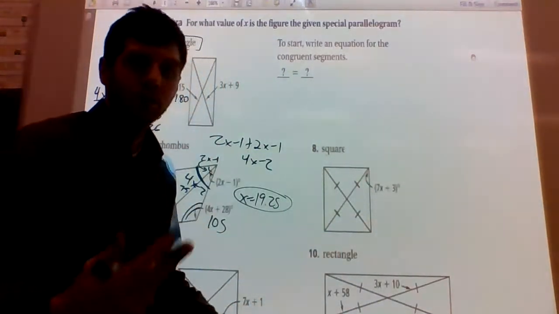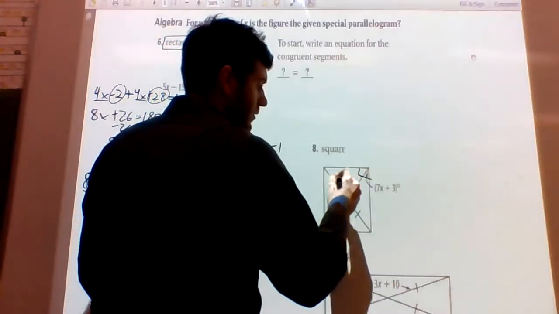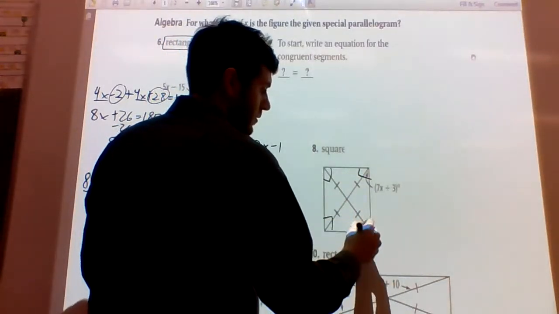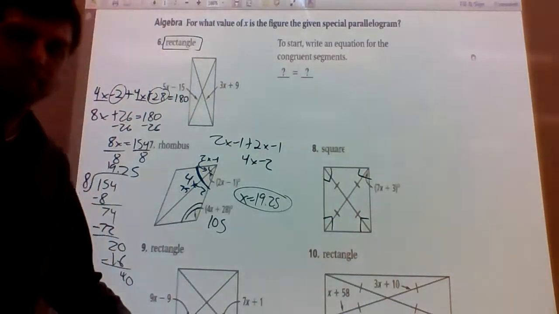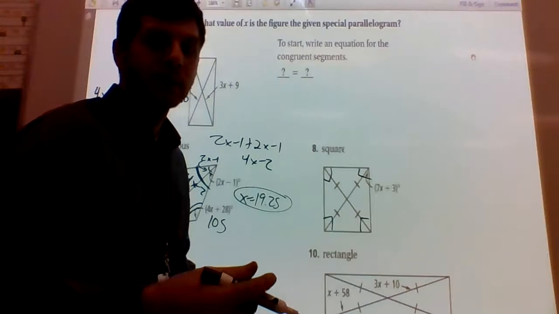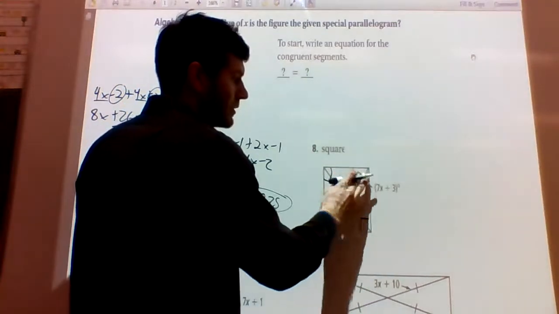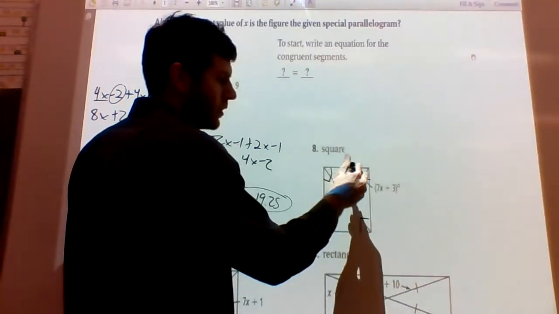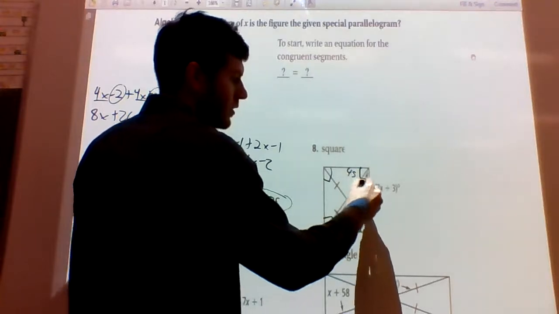We know a square is a rectangle, so we know these are all 90-degree angles. We also know a square is a rhombus, so we know the diagonals bisect the opposite angle, so we know this angle is bisected. So if we bisect the 90-degree angle, we have 45 and 45.